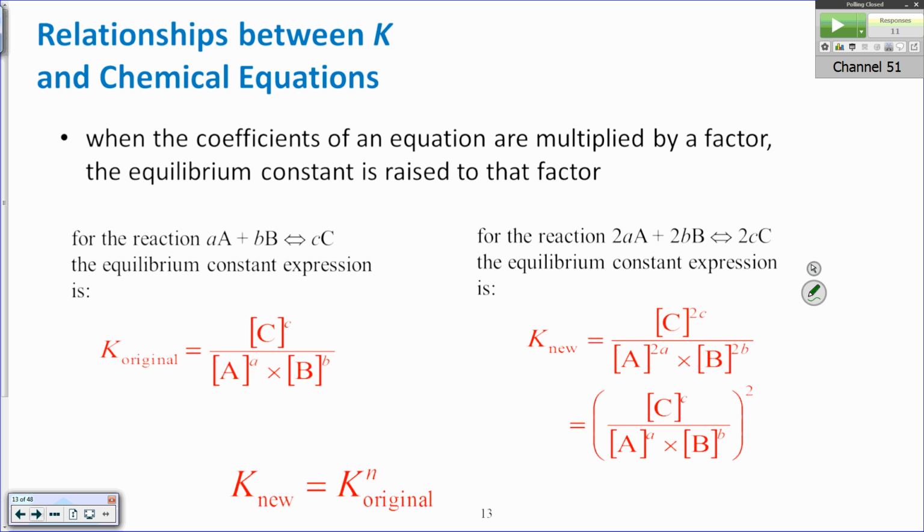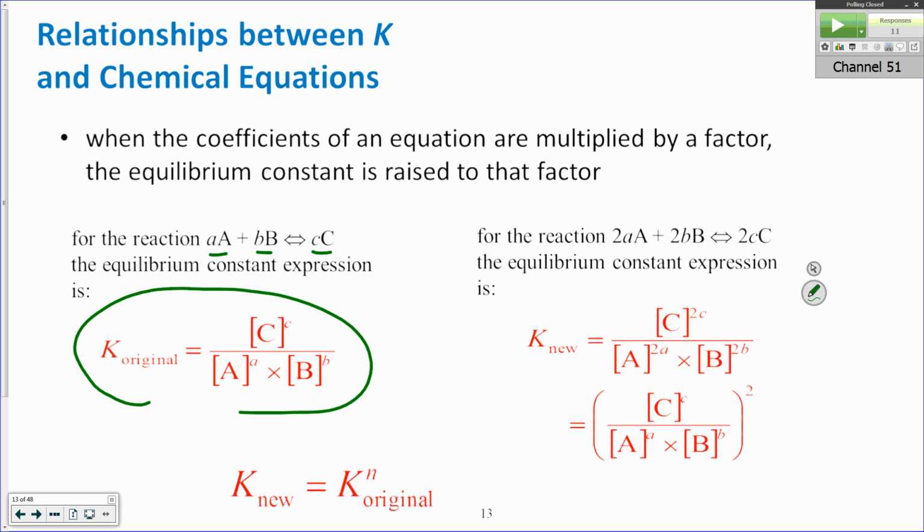So what we want to learn in the next part is, now that we've got these K values, we know how to write equilibrium expressions, we want to figure out how to create new ones. So one of the things we can do is combine two equilibrium constant expressions. When we do that, we put our K's together. So if we have a K original that describes the equilibrium of A plus B yields C, and stoichiometry is little a, little b, little c.